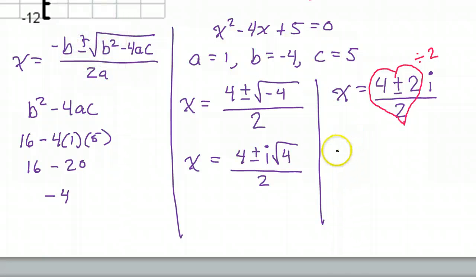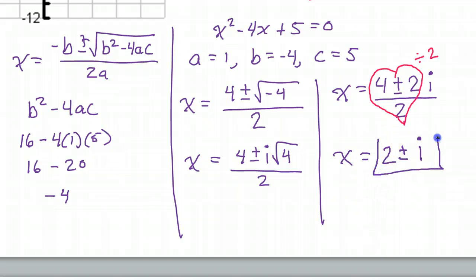So that is going to give us 2 plus or minus, this will be 1, but I don't really need to put the 1, so I'll just put i. And again, 2 divided by 2 is 1, and again, I don't need to show that. So it's just 2 plus or minus i.